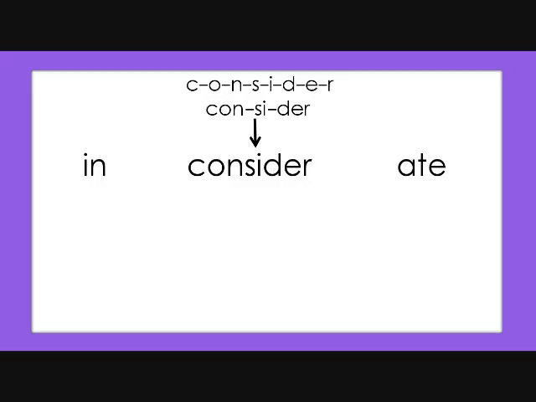C-O-N-S-I-D-E-R. It is the smallest I can go. Maybe. However, notice that you are losing the meaning. Con doesn't mean anything. Si doesn't mean anything, and der doesn't mean anything. Imagine letters. Si does not mean literally anything when you want to communicate.